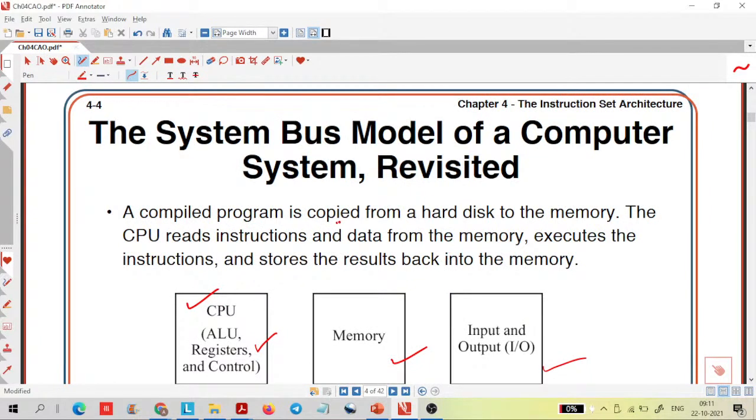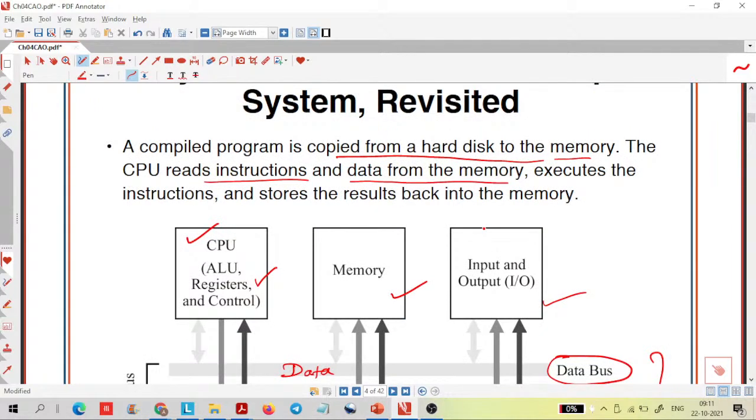A compiled program is copied from the hard disk to the memory. The CPU reads the instructions and the data from the memory, executes the instruction, and stores the result back to the memory. Suppose there is an instruction ADD B, an 8085 instruction.